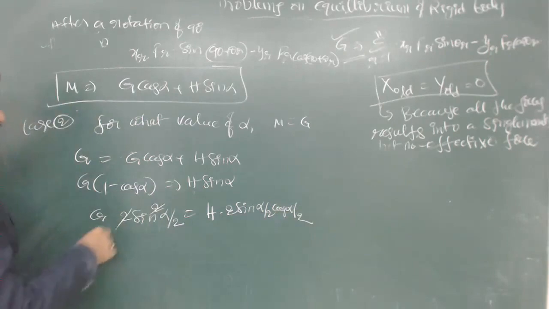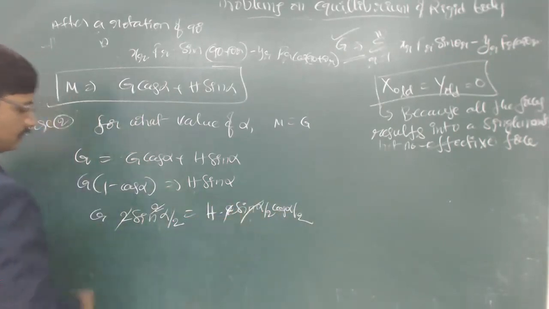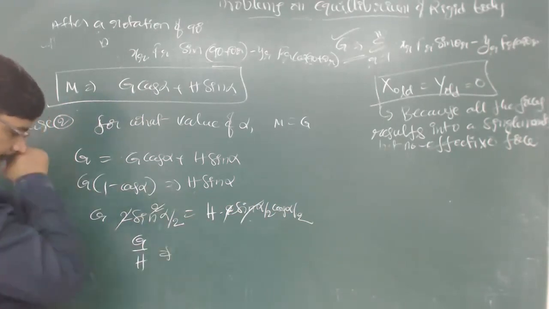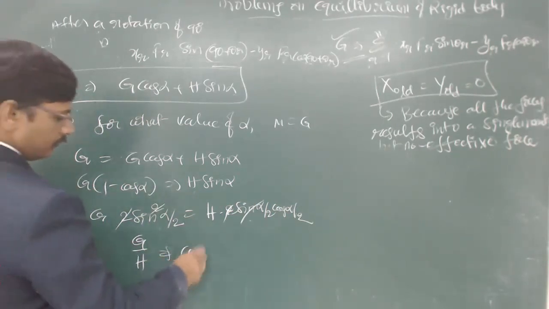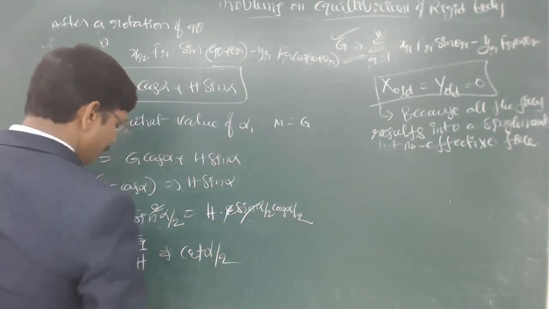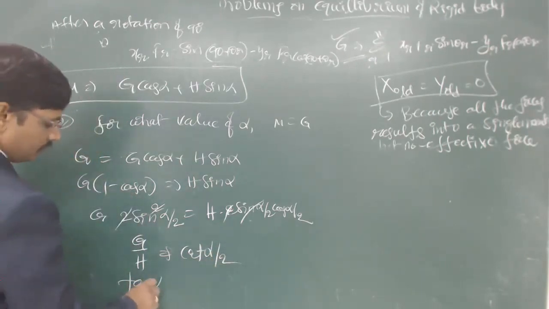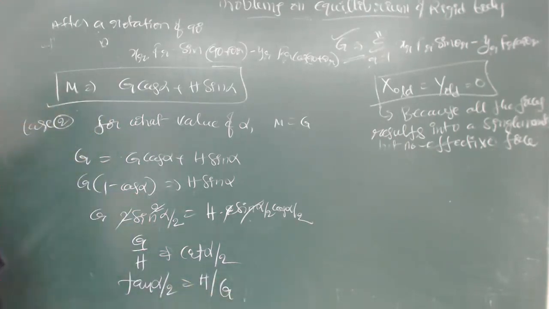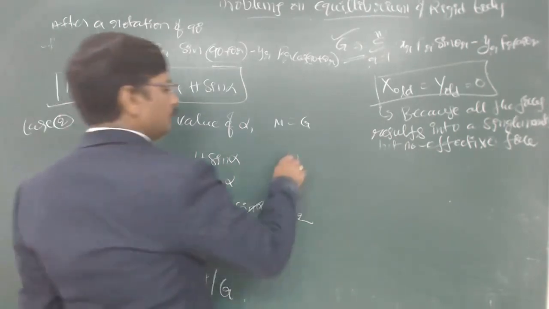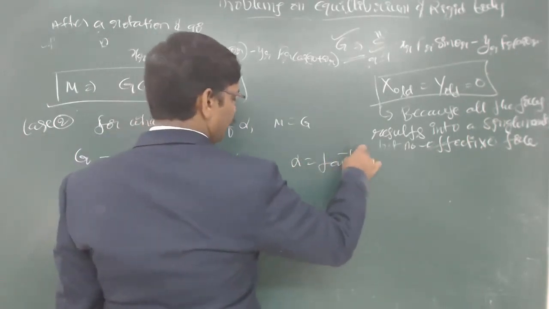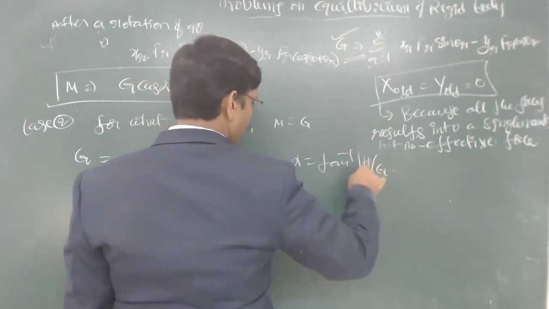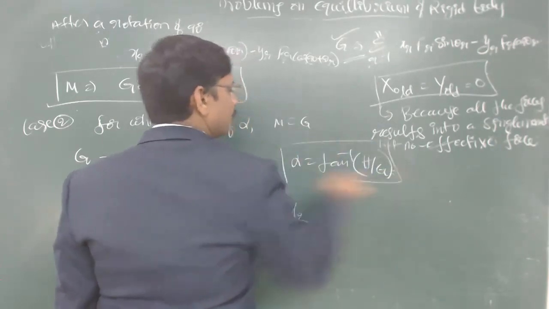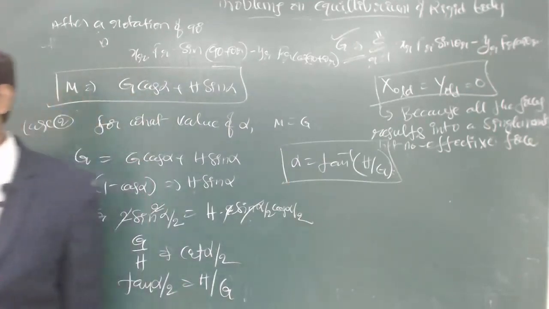So the 2 sin alpha by 2 cancel out, and G by H is equal to cot alpha by 2, or tan alpha by 2 equals H by G. So alpha is equal to tan inverse of H by G. For this value of alpha, the new moment is going to be the old moment.